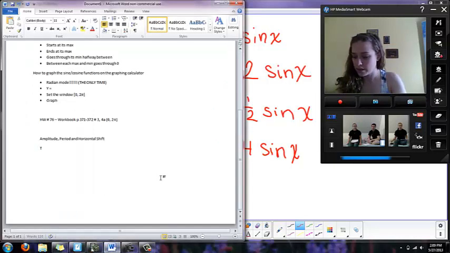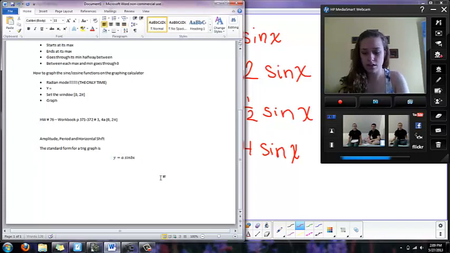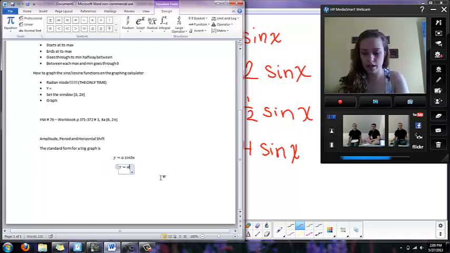The standard form for a trig graph is y is equal to a sine of bx and y is equal to a cosine of bx.